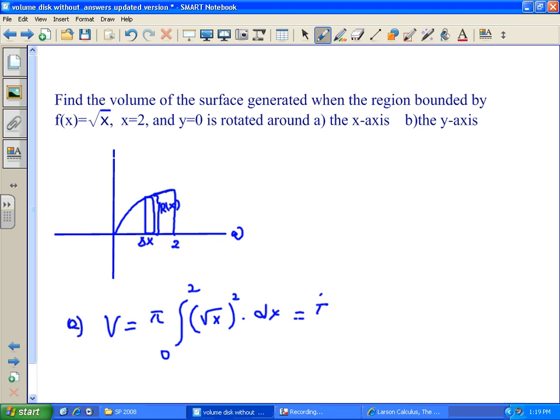So here we have pi times the integral of x dx, and looks like we're getting 2 pi.